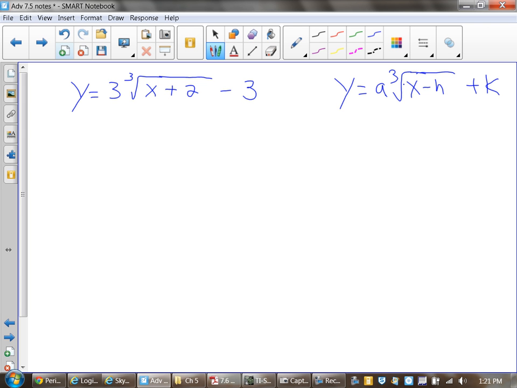So if I have y equals 3 cube root of x plus 2, all minus 3, just like we did with the square root function, I want to label out what my a, h, and k is.